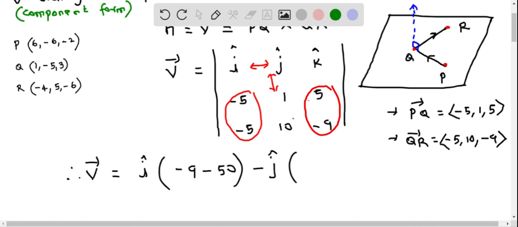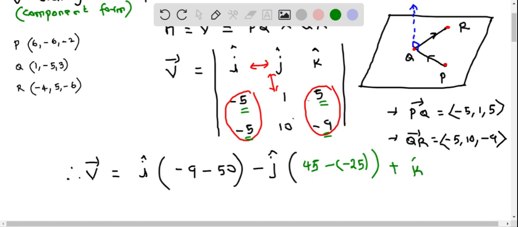So here I have to find the cross product. That is -5 times -9. This is positive 45 minus 5 times -5. This is equal to positive 45 plus 25.